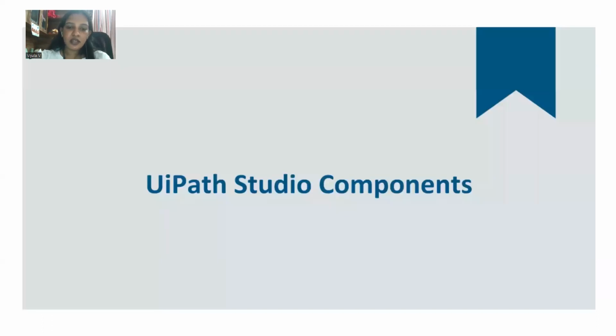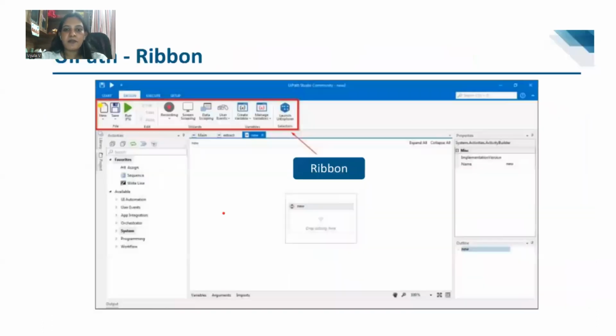Now coming to the UiPath Studio components. By the time you install and open your UiPath setup, that is your canvas, we call it the automation canvas. The options or tools that are available here are called the ribbon.